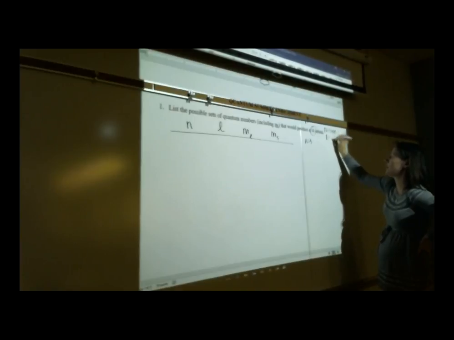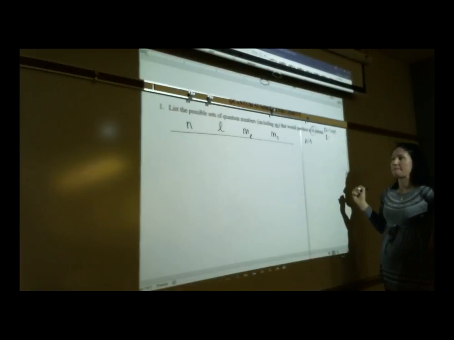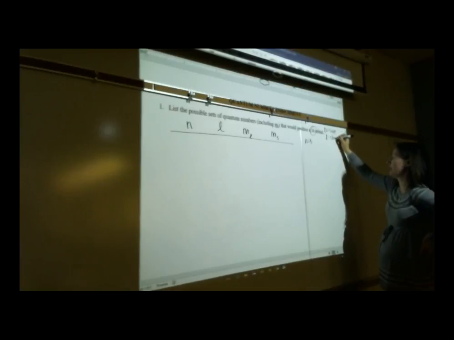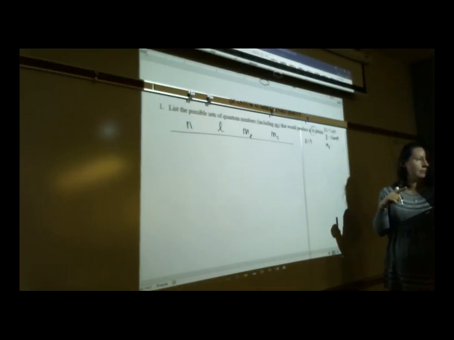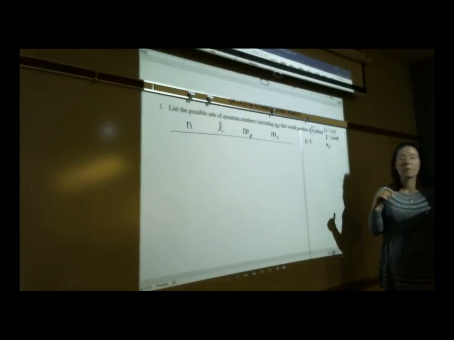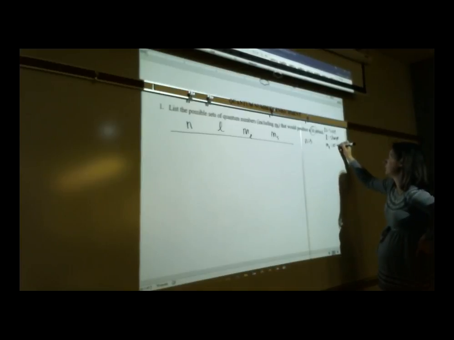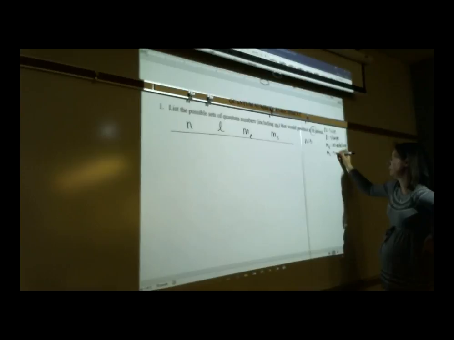What's l tell us? Shape, right? m sub l, what does that tell us? It tells us what? Orientation, right? And m sub s tells us what? Spin.